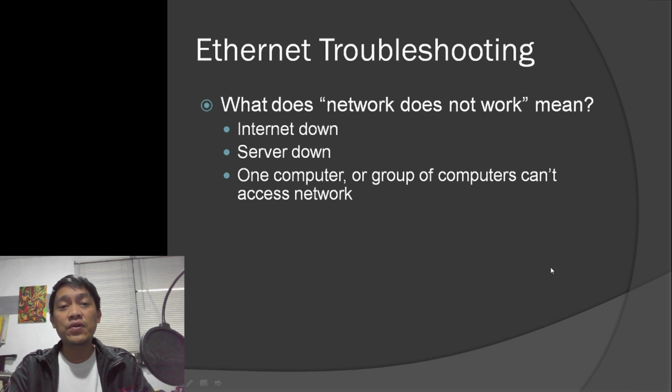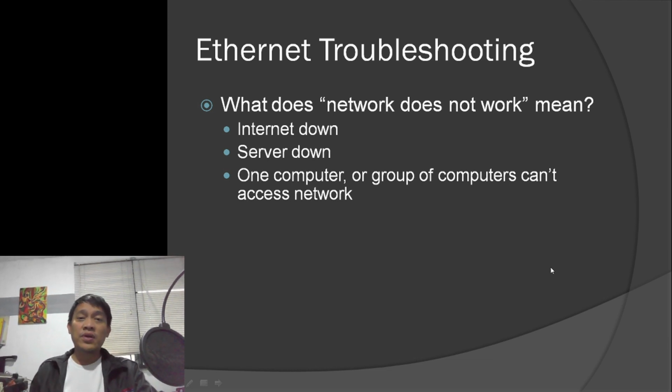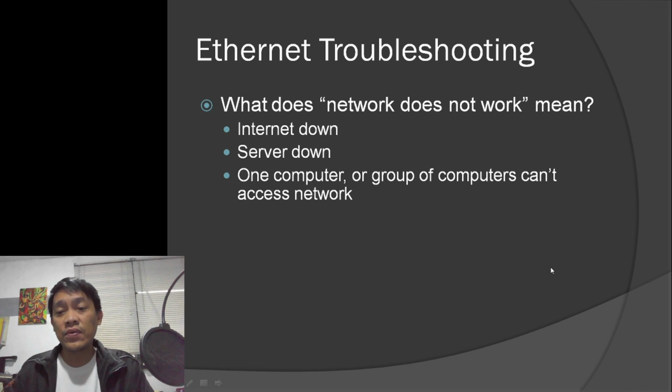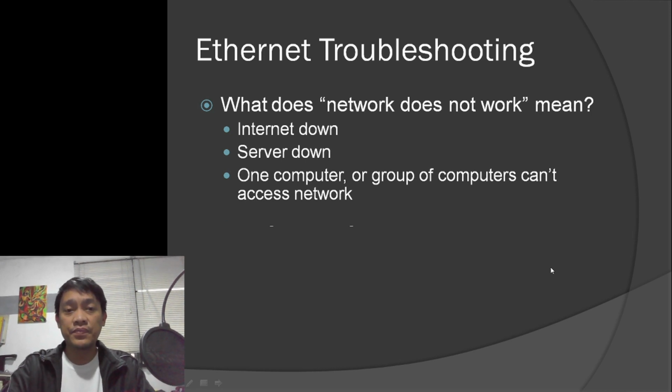So always consider asking the end user if only his or her computer does not have access to the network, or if all of the computers in his office or in his group cannot access the network. You have to consider that one.